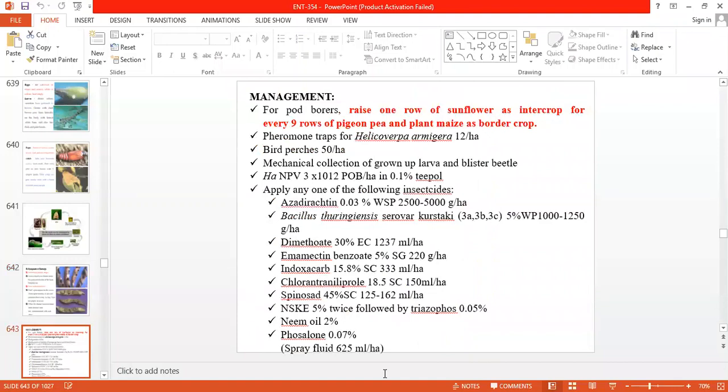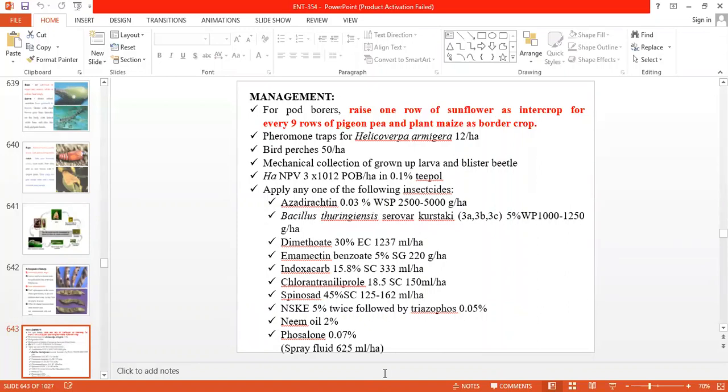Management practices: grow a trap crop for pod borers. For every 9 rows of pigeon pea, plant maize as a border crop, so as to minimize the infestation of that pest. Also 1 row of sunflower after 9 rows of pigeon pea as a border crop, so we should minimize the infestation of that pest on pigeon pea.